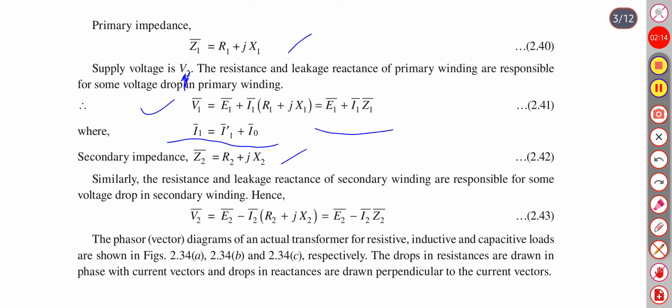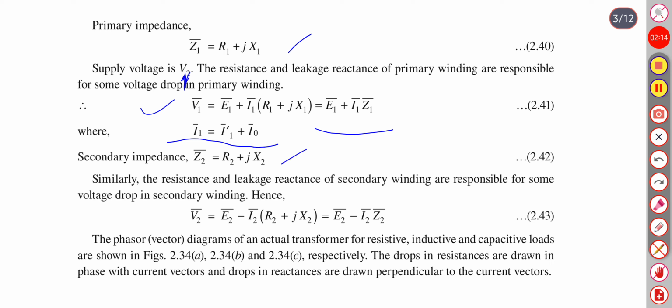Because the final voltage we are getting in the secondary is nothing but the difference between the EMF induced in the secondary minus the losses.